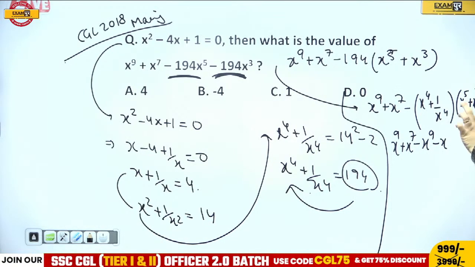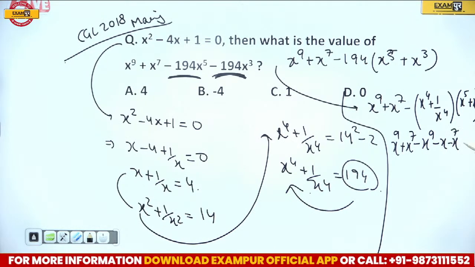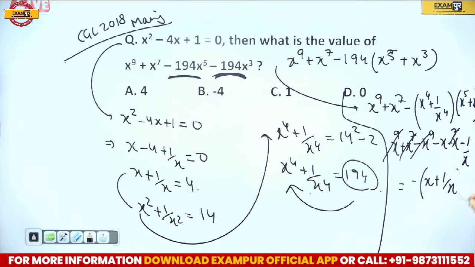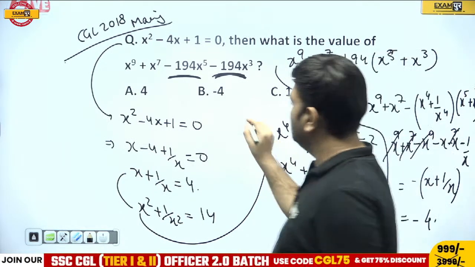And here, minus x to the power 7 and minus 1 upon x. Gone, gone, gone, gone. It is minus of x plus 1 upon x. Minus of 4 is the answer.